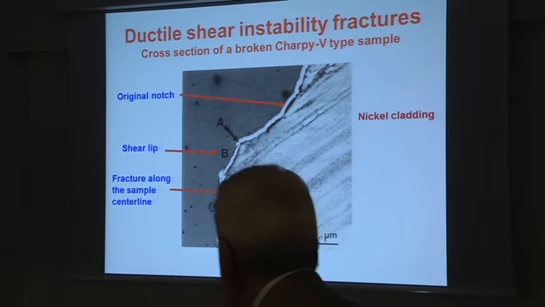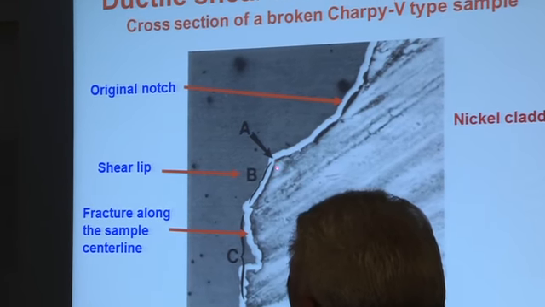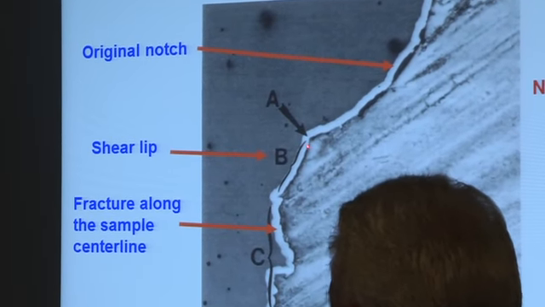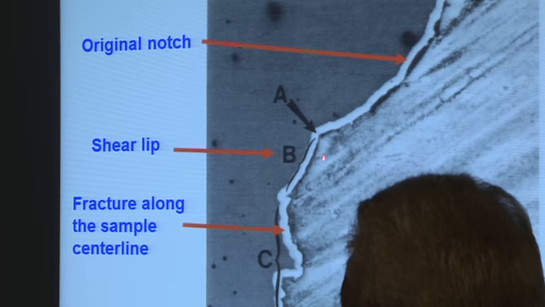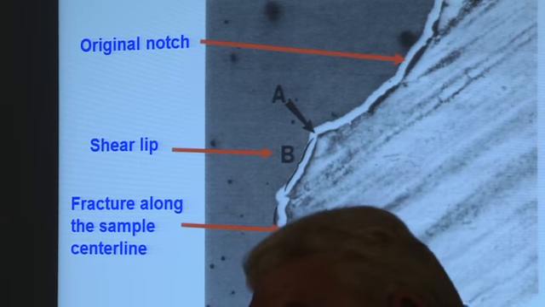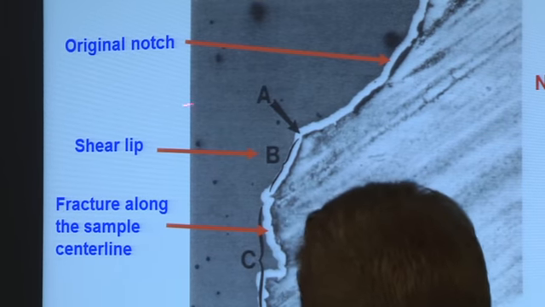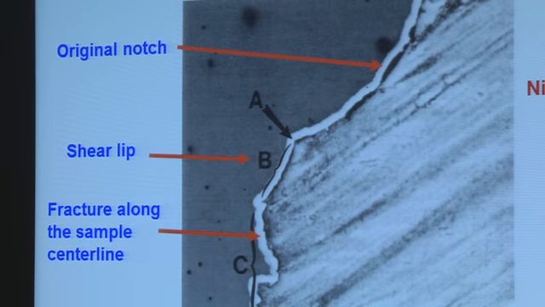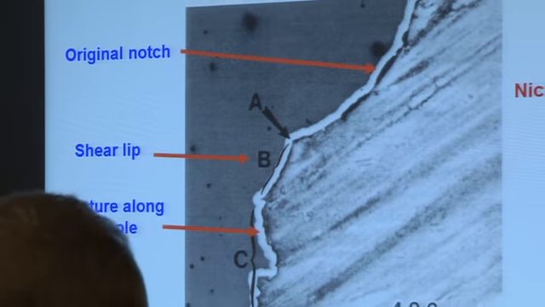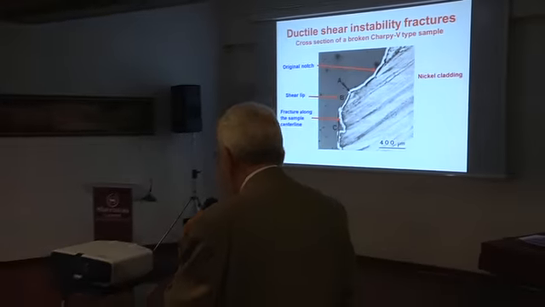And fracture does not initiate along the center line, but at some distance from the center line, it goes along the shear lip that we were seeing before on the fracture surface. So before we were looking in this direction, and this is the final fracture along the notch center line. This is a very much energy absorbing mechanism.